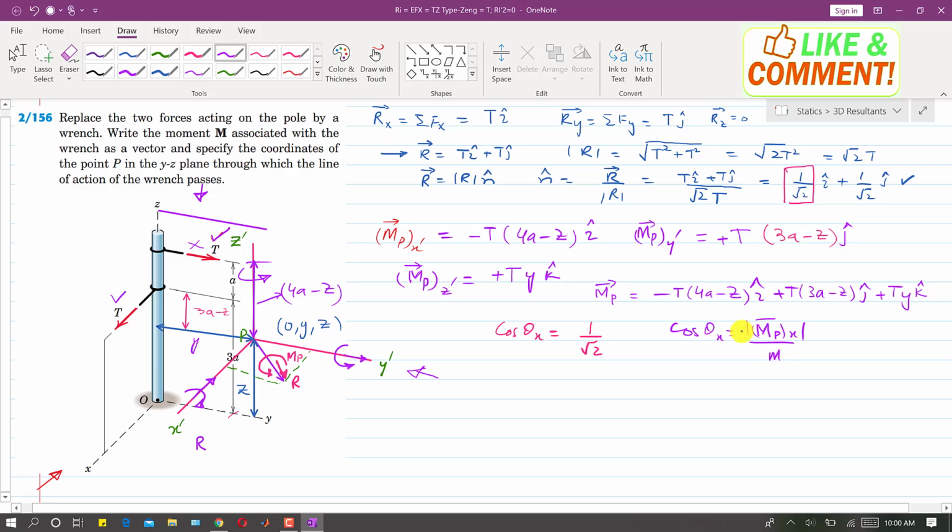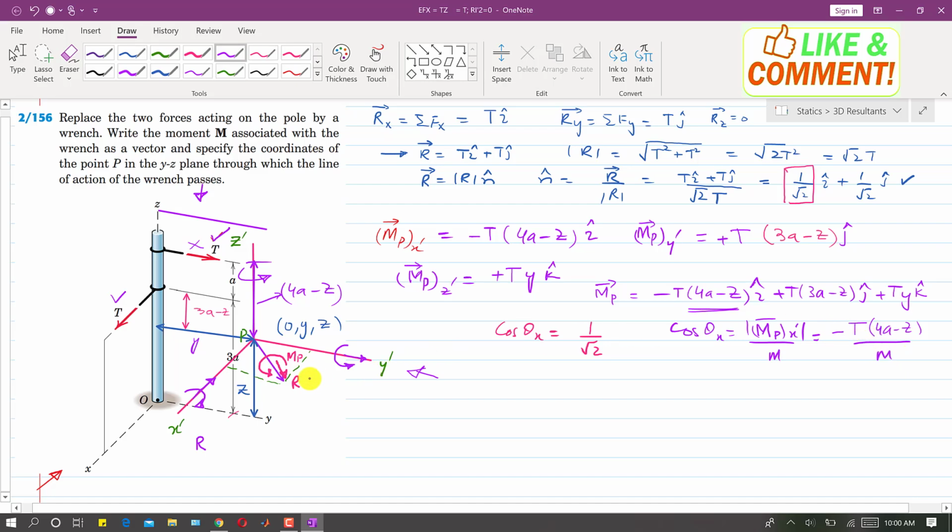Let's say that the magnitude of this MP is M. So if we divide, this will be minus t, this MP x dash, and this magnitude is this, so we can write minus t (4a minus z) divided by M.